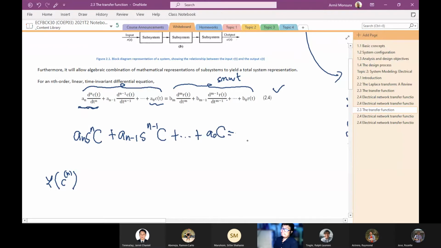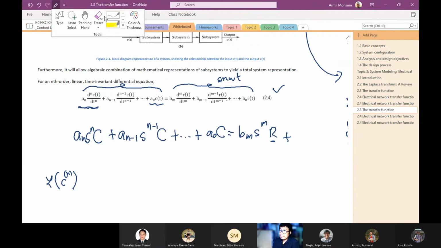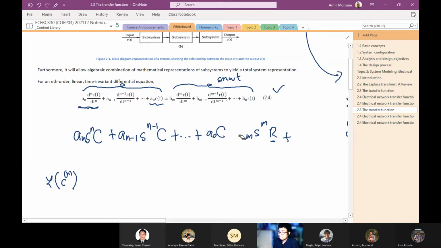Okay, so on the right side, taking the Laplace transform of this one, we will have b sub m times s raised to m times R. R here pertains to the Laplace transform of r of t. So R of s yan actually. Plus, mali pala. Dapat pala nilagay ko na sa baba. Ulit.